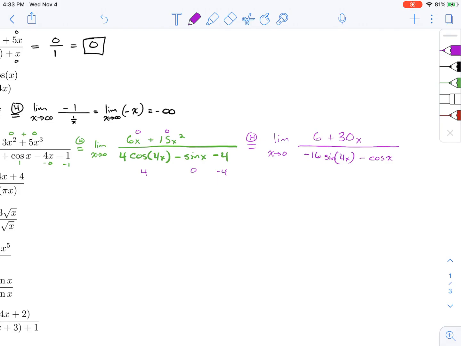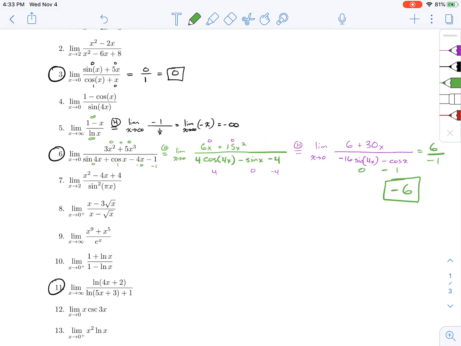And derivative of 4 is 0. All right, so after doing that, we plug our 0 in again and see what happens. Well, on top we get a 6. And on bottom, we get 0 minus 1. So our answer here is negative 6. So in some of these, you have to use L'Hopital's rule several times.